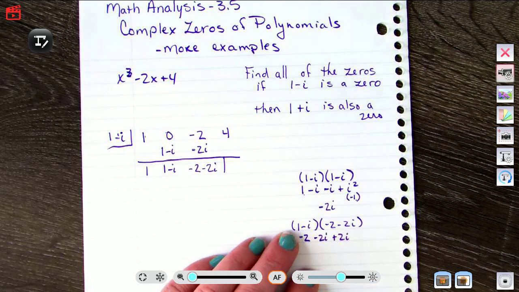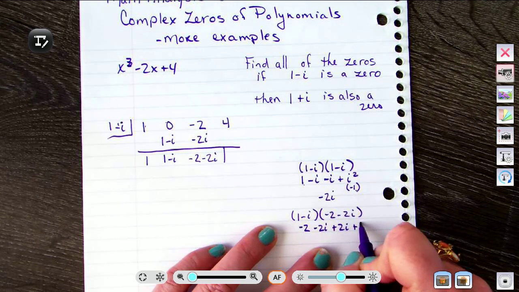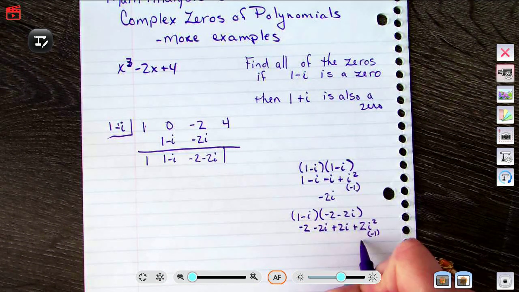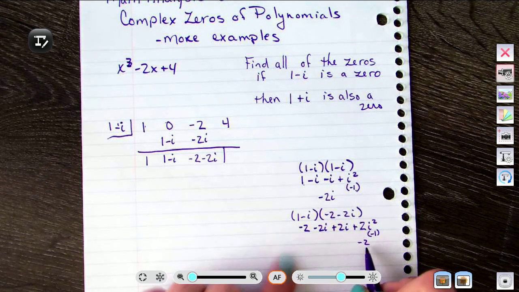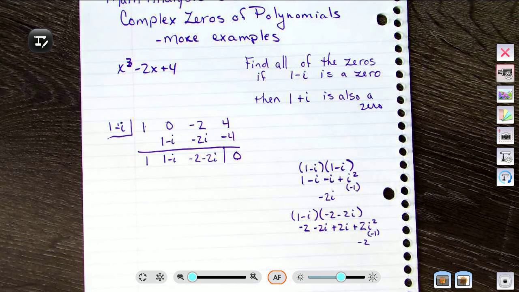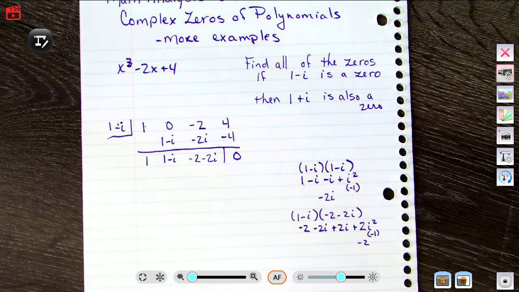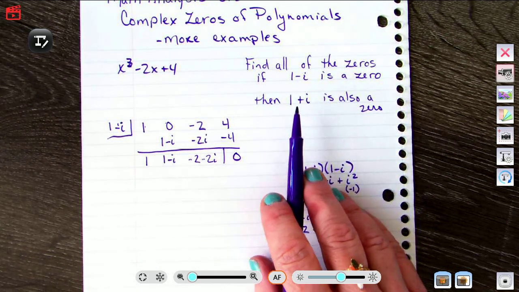Notice the 2 i's are canceling. This is going to give me a plus 2i squared. But i squared is negative 1, so this is actually a negative 2. Combined with that negative 2 does give me negative 4, and we get 0. So here's our quadratic. We have x squared plus this guy times x plus this. That is really ugly. Okay? But we're okay. Just trust me, we're okay.